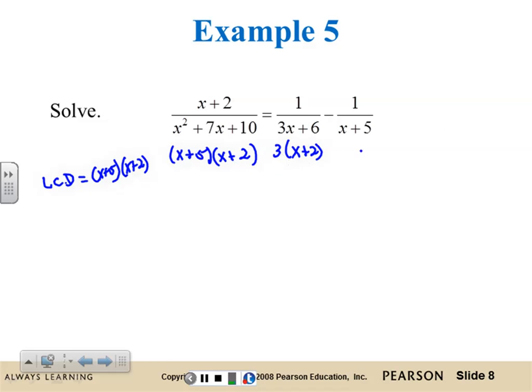There's x plus 2, and then there's another 3. So that's going to be your common denominator. Okay. So we're going to multiply all 3 of these by the least common denominator of 3 times x plus 5 times x plus 2.